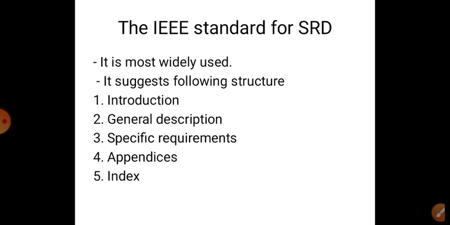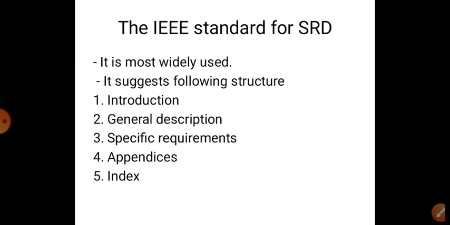The general description gives overall details about the system being developed. Third, the specific requirements tell about the particular requirements related to the system being developed.